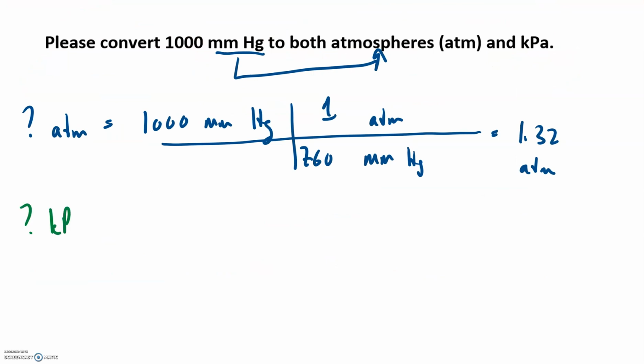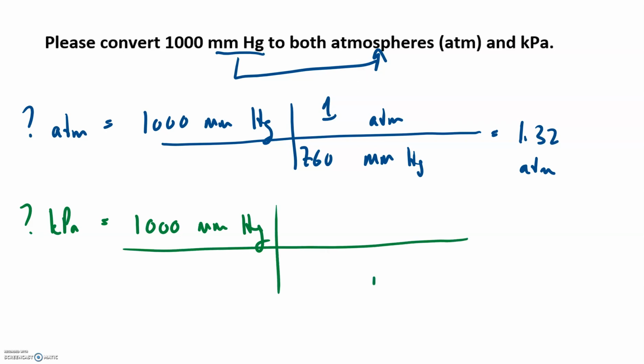How many kilopascals is 1,000 millimeters of mercury? Some people like to convert to atmospheres and then to kilopascals, but you can do it all in one shot because you know what the equivalent at sea level of millimeters of mercury to kilopascals is.